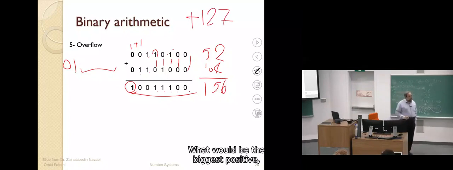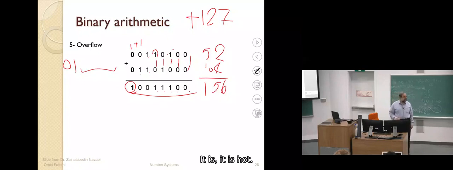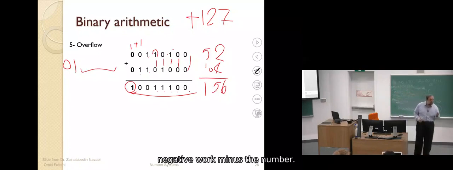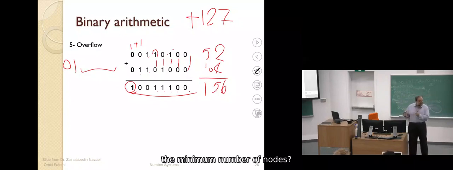And what would be the biggest negative number for that? Negative 2 to the 6... what would be the minimum number? Well, I don't know 2 to the 6 off the top of my head. 64?